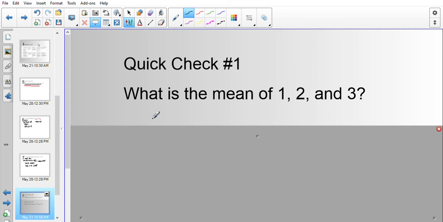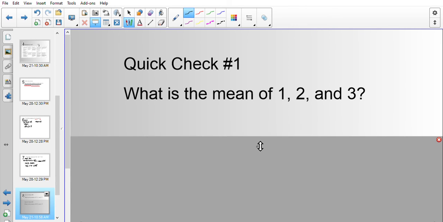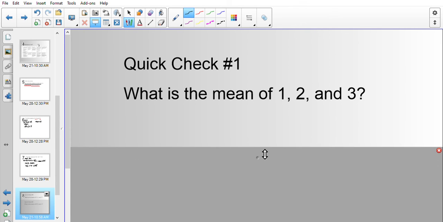Well, the mean of 1, 2, and 3, remember, first step is we add 1, 2, 3, which is equal to 6.